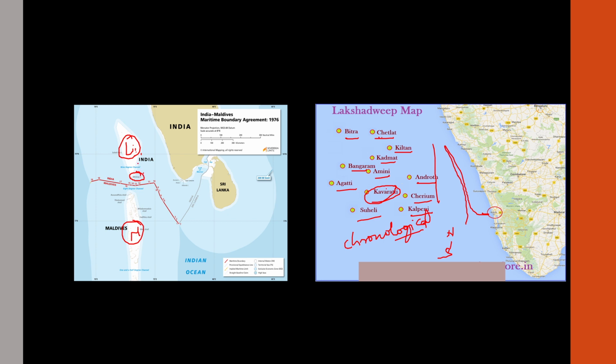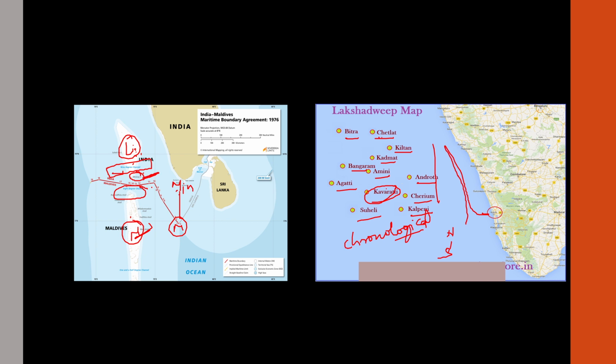Between Lakshadweep and Minicoy, the 9-degree channel will pass. Remember this point. Whereas between Lakshadweep and Maldives, the 8-degree channel will pass. Sometimes they will ask not about Lakshadweep but about the boundary line between Minicoy and Maldives. Like that they will ask. You can see this is Minicoy, this is Maldives.